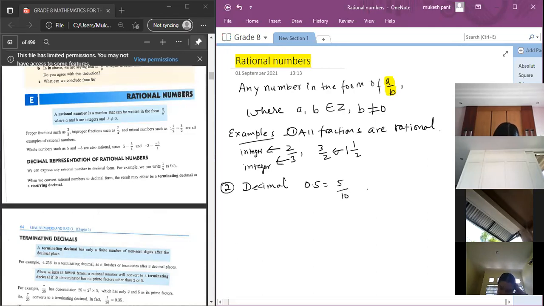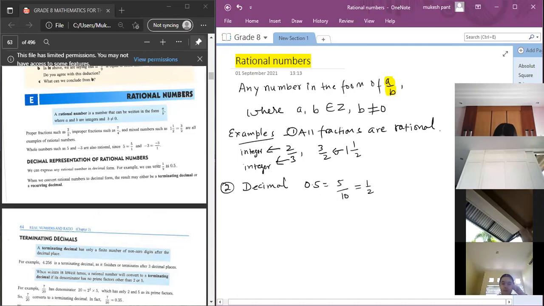Okay, so 5 over 10, if you wish, you can write this as 1 over 2, but even if you do not write 1 over 2, you leave your answer as 5 over 10, that is a rational number. But for your information, we should write rational numbers always in lowest form.